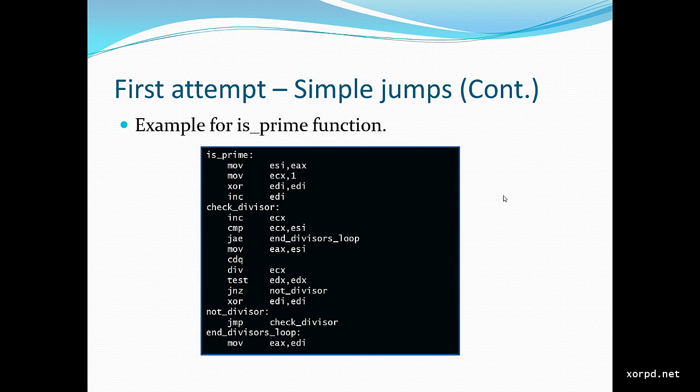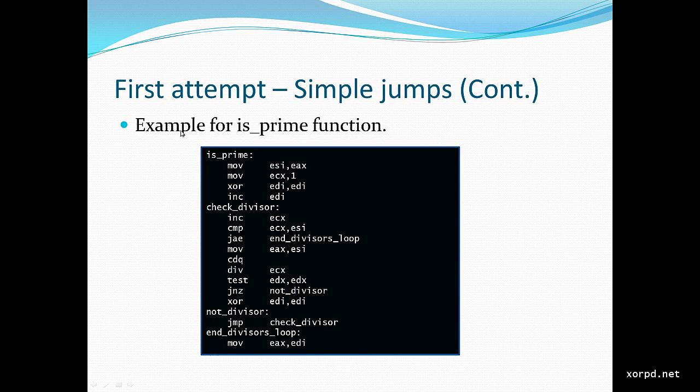We only care about the general structure of the thing. We can see that we have this label, isPrime, which marks the beginning of this function. And this is the actual function. We can see that it gets EAX as input. It assumes that EAX contains some important information. And finally, in the end, it sets EAX to be the result.